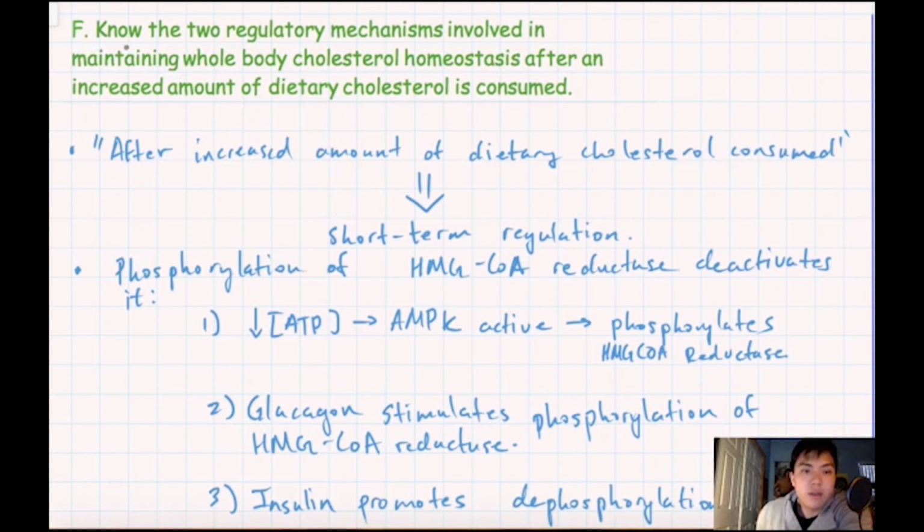Okay, so objective F: know the 2 regulatory mechanisms involved in maintaining whole body cholesterol homeostasis after an increased amount of dietary cholesterol is consumed. So when Dr. Bryan says after increased amount of dietary cholesterol consumed, this makes me think of short-term regulation. I don't know if this is the right answer because there were like 4, 5, or 6 regulation mechanisms proposed.